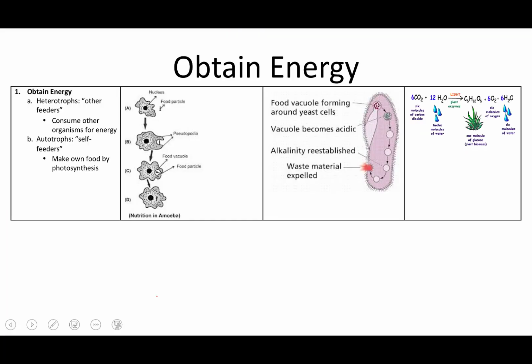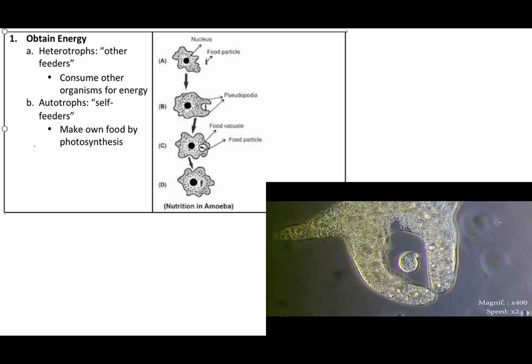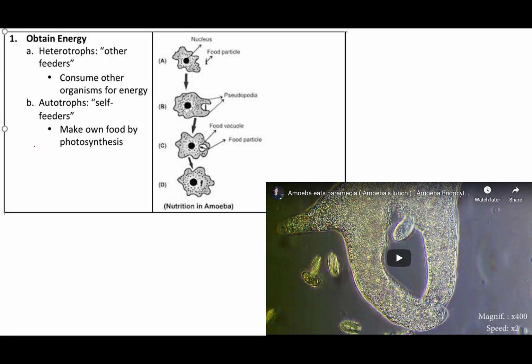So then how they obtain energy. We're going to be looking at either heterotrophs or autotrophs. The amoeba is going to gather its energy and eat through this process called phagocytosis, which is a type of endocytosis.